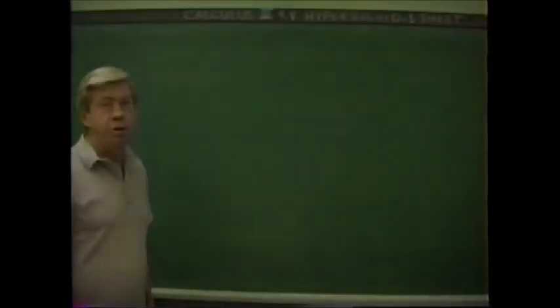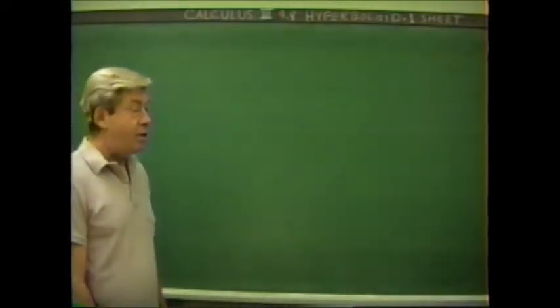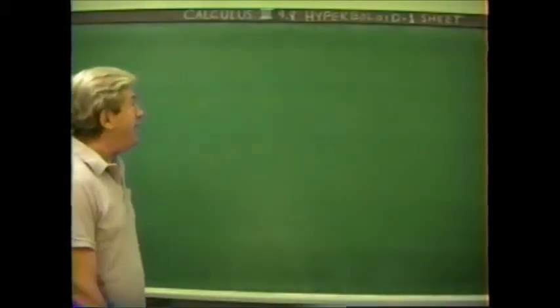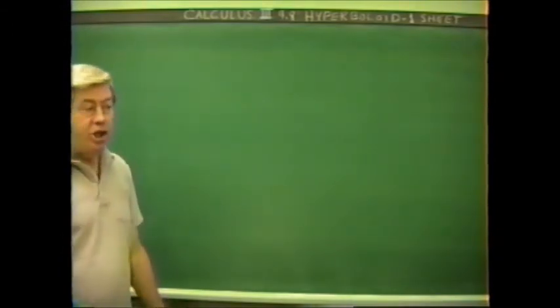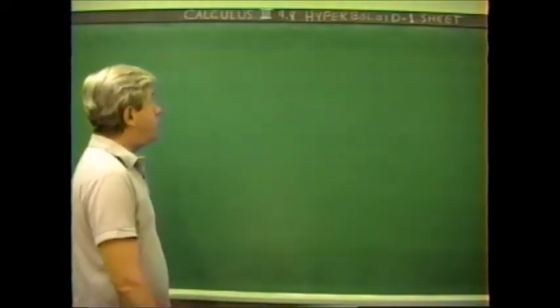There are two types of objects which are called hyperboloids. One's called a hyperboloid of one sheet, and the other one's called a hyperboloid of two sheets, and that's because the one with one sheet consists of a single surface, and the one with two sheets has two parts to it. Let's take a look first of all at examples of hyperboloids of one sheet.